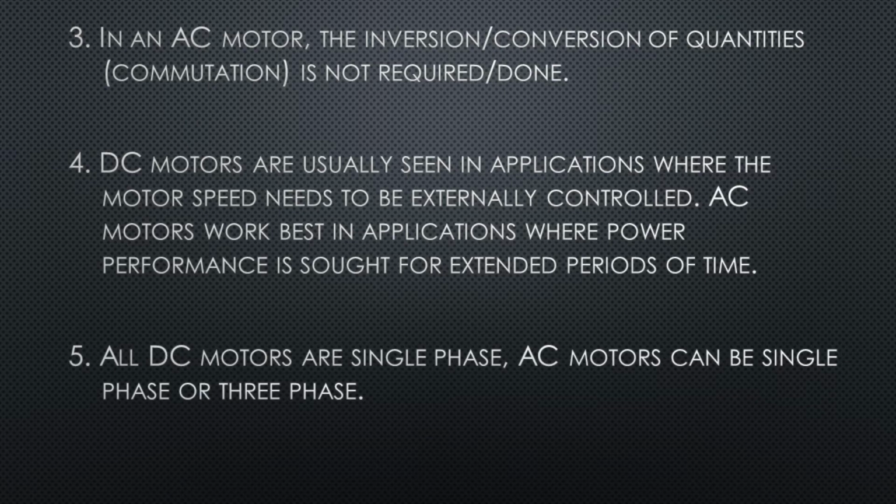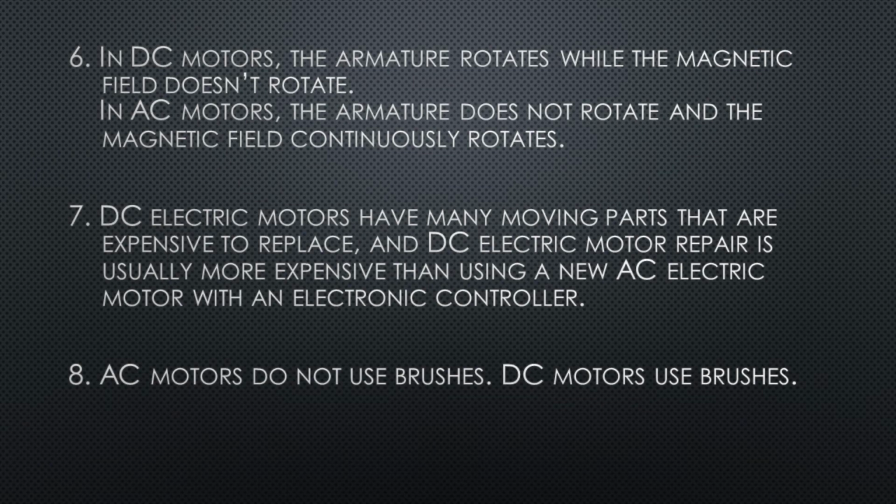Next, all DC motors are single phase, while AC motors can be single phase or three phase. The sixth point is, in DC motors, the armature rotates while the magnetic field doesn't rotate, while in AC motors, the armature does not rotate and the magnetic field continuously rotates.